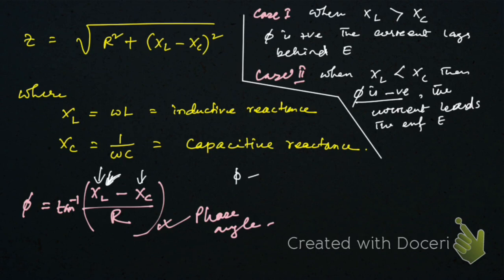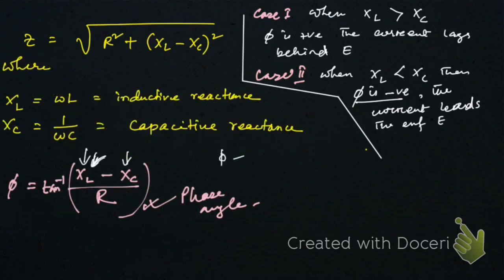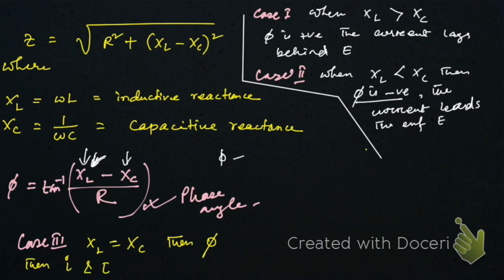Now let us discuss case 3. In this case, if XL is equal to XC, then phi will be 0. Then current I and EMF are in the same phase.